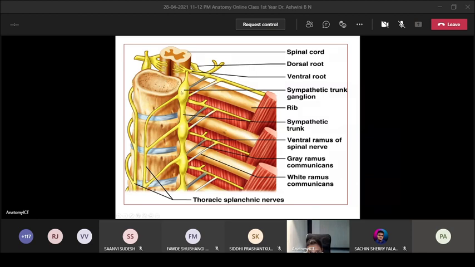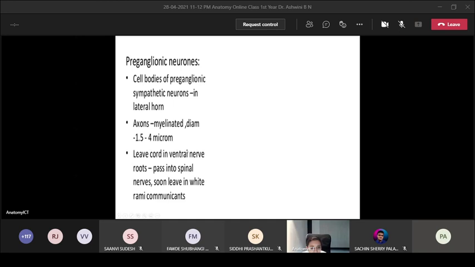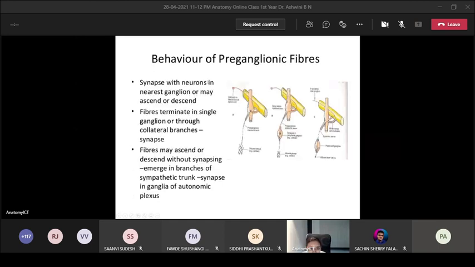They relay in the ganglia, either in the same ganglion or they descend downwards. We can see the relay of these preganglionic fibers at different levels. Here it is relaying in the same ganglion. Here it passes downwards and relays in the lower ganglia, and it may also form collateral branches.